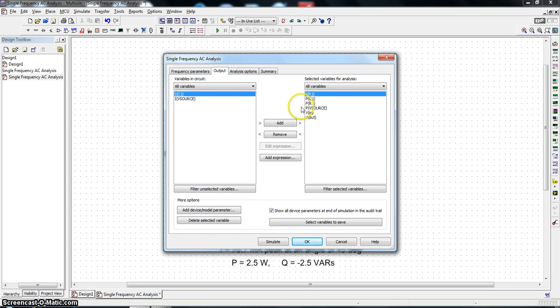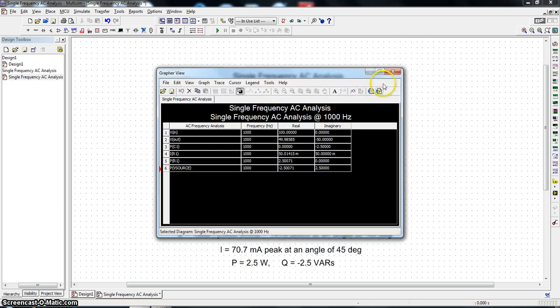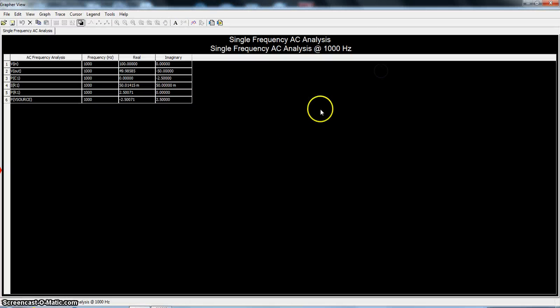Now, the current through the capacitance would be the same as the current around the loop, or the current flowing into the capacitance. The current on the source would be the same basically, but it would have a reverse convention, so we won't bother with it. So let's hit simulate, and I'll enlarge this.